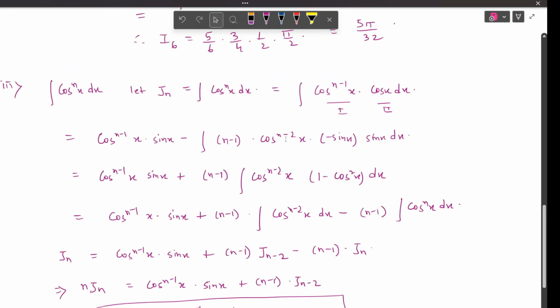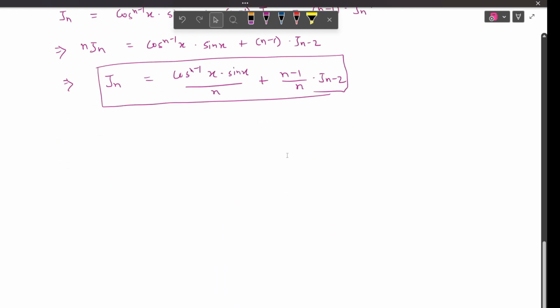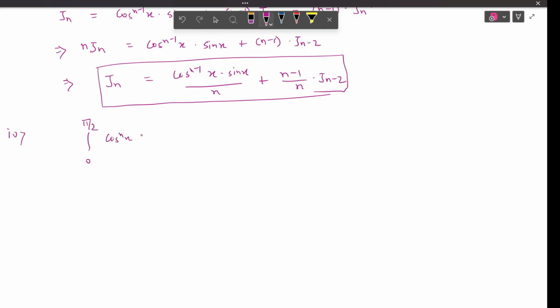Now let us see our fourth reduction formula, which is integration 0 to pi by 2 cos to the power n x dx. Okay, and let us say this is your In, then I am writing the formula only. I think you have got the point how to derive these relations.